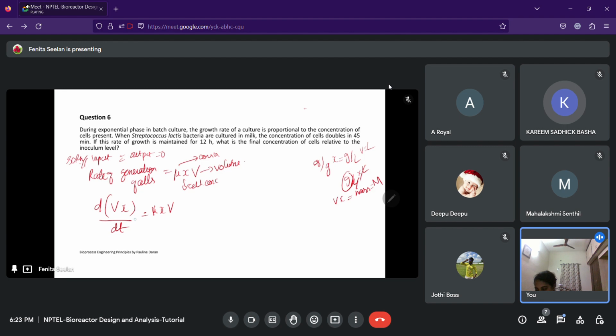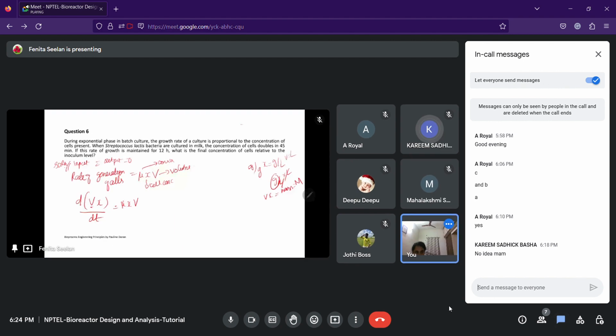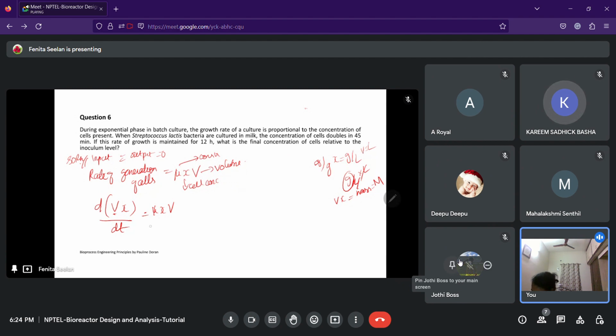We can use the UV method, keeping V as a constant, so differentiating it, V dX by dt is equal to mu X V. We can cancel V on both sides. dX by dt is equal to mu X.